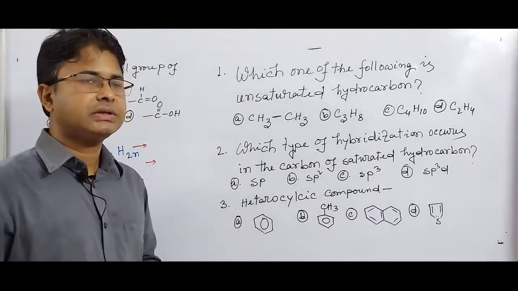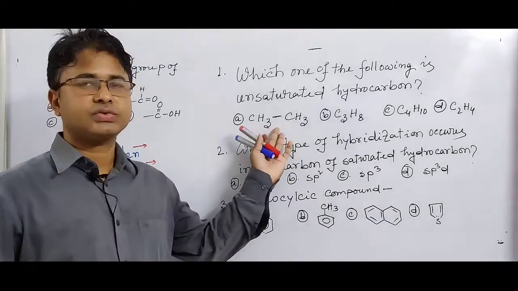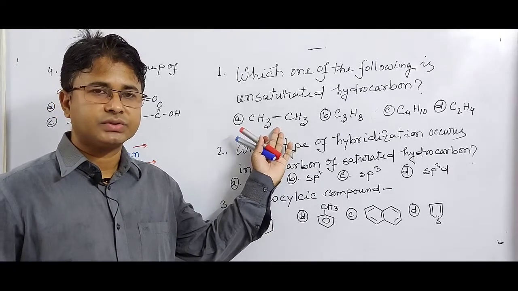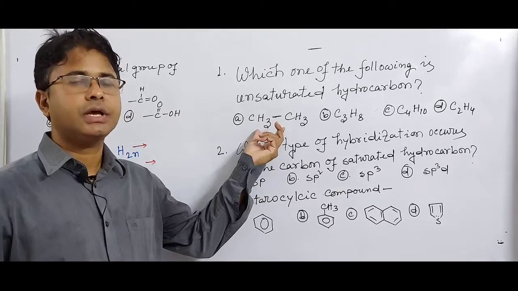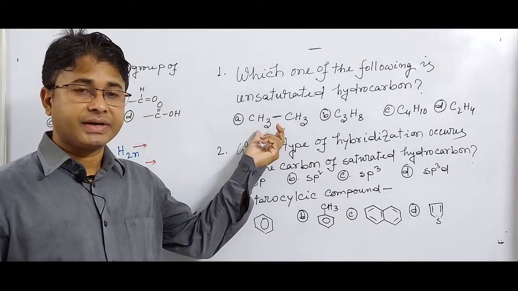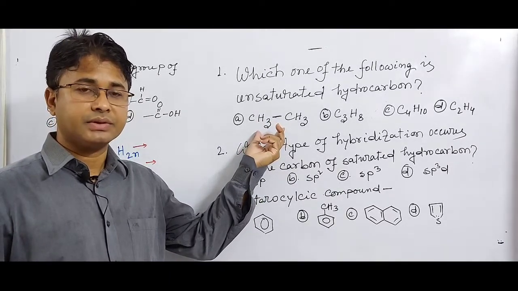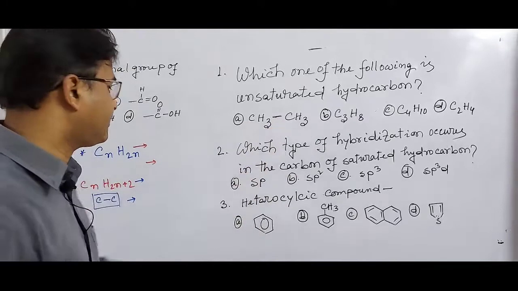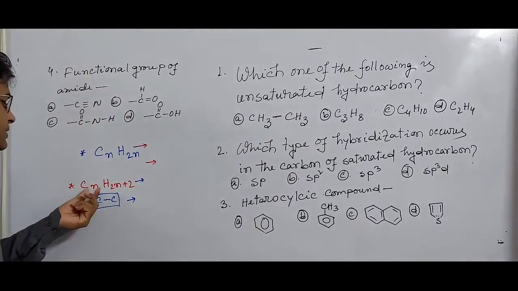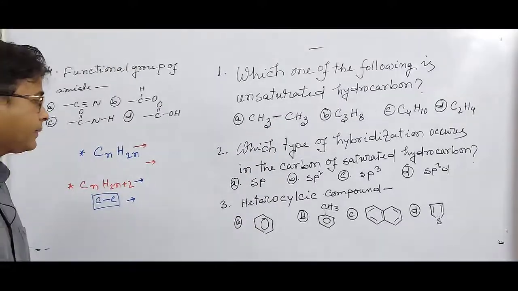Dear students, the first one is a saturated hydrocarbon. It can be understood easily that the first option contains carbon-carbon single bonds, and all carbon-carbon single bonded hydrocarbons are known as saturated hydrocarbon, and the general formula of saturated hydrocarbon is CnH2n+2.